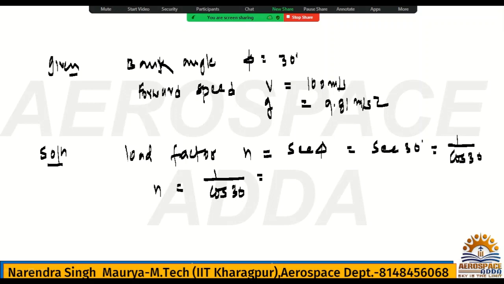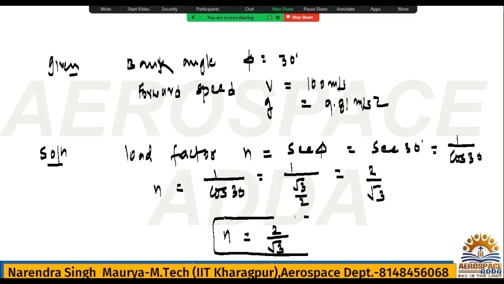That's the reason I have written sec phi as cos phi. Cos 30 is root 3 by 2, so n is 2 by root 3. So the load factor is 2 by root 3. Hope you understood.